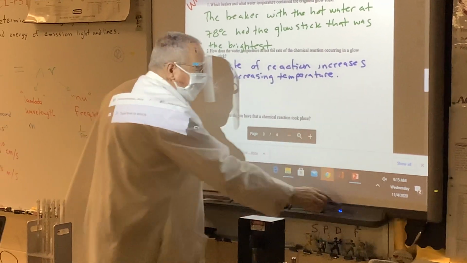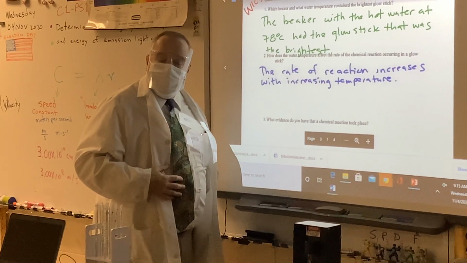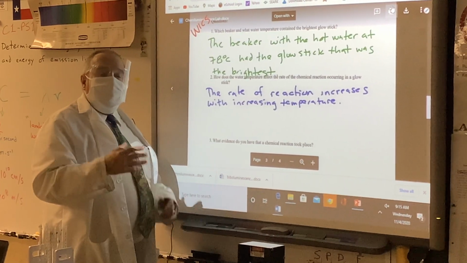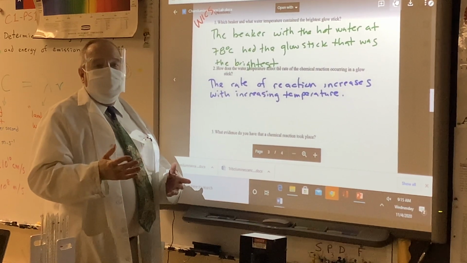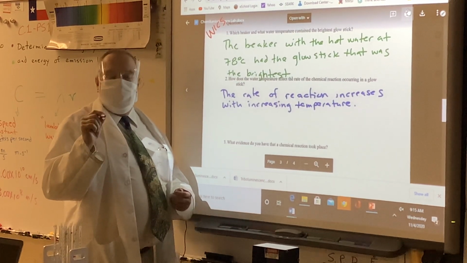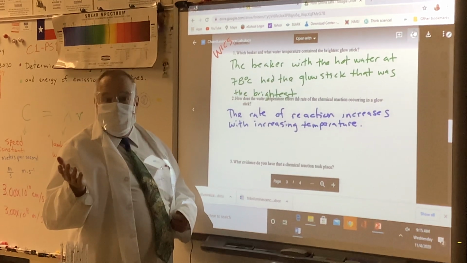And that rate of reaction is related to the brightness. You're also using up your reactants at a faster rate. So the ones in hot water will glow brighter, more brightly, but they will also be used up the fastest.